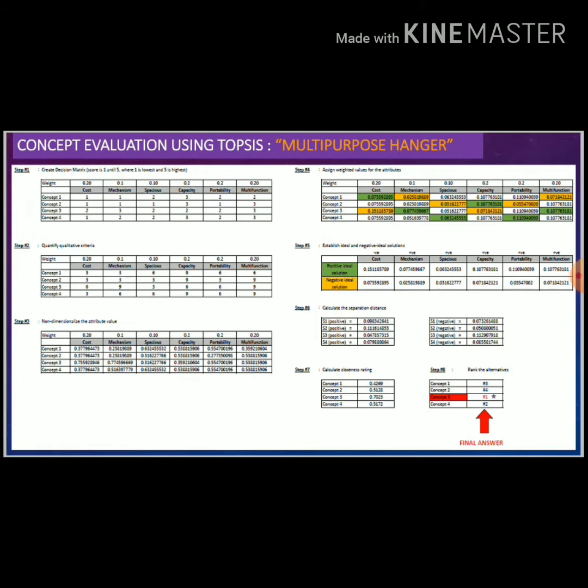In this step we cluster them into 2 parts: the separation distance of the positive ideal solution and of the negative ideal solution. In step number 7, we have to calculate the closeness rating for each of the concepts. And last but not least, in step number 8, we come out with the rank of the concepts.